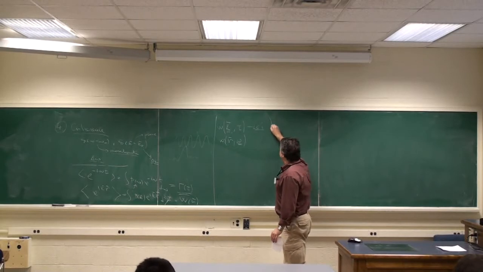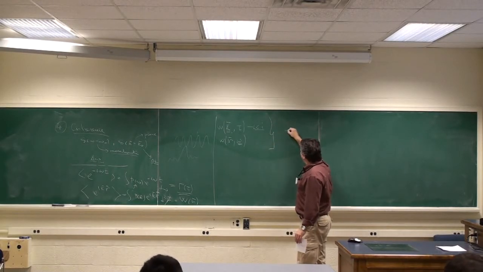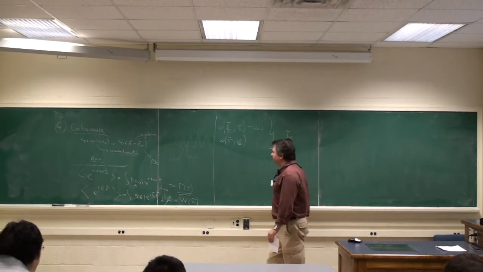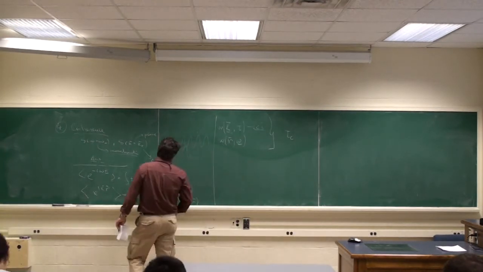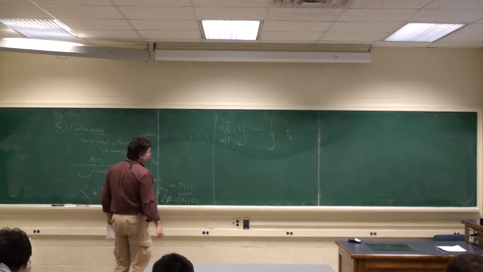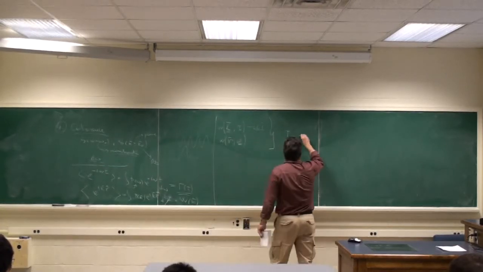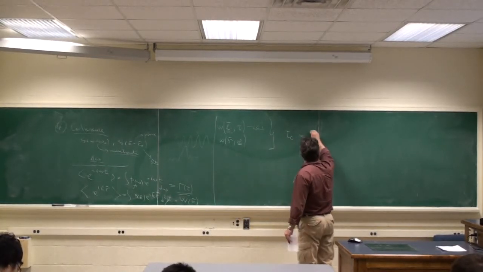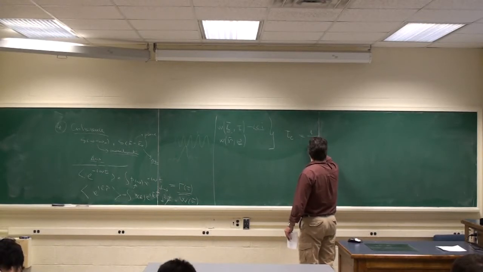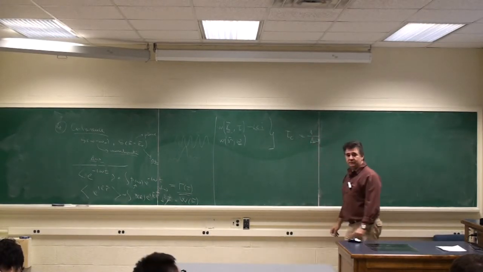But the bottom line is this. I have a correlation time, or coherence time, which is basically defined as the width of this autocorrelation function. And depending on your definition, it's the inverse of the spectral bandwidth.